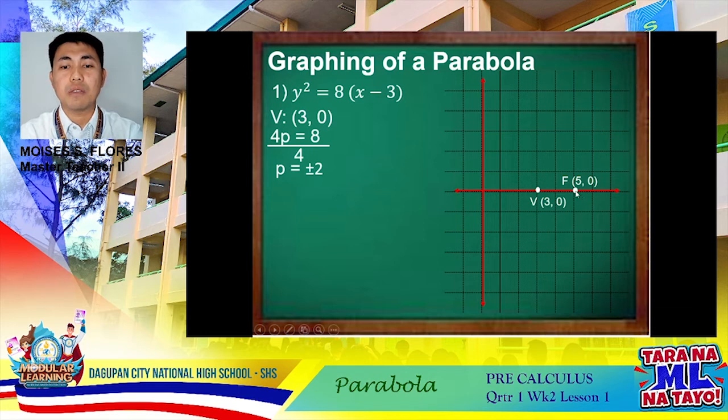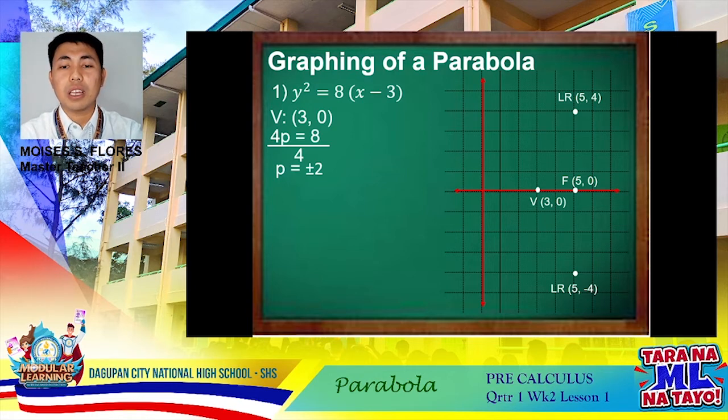So from your focus, 1, 2, 3, 4, 4 units downward. So the end of your latus rectum here is (5, -4). And on the other hand, 1, 2, 3, 4 upward, and we have the other end of the latus rectum at (5, 4).